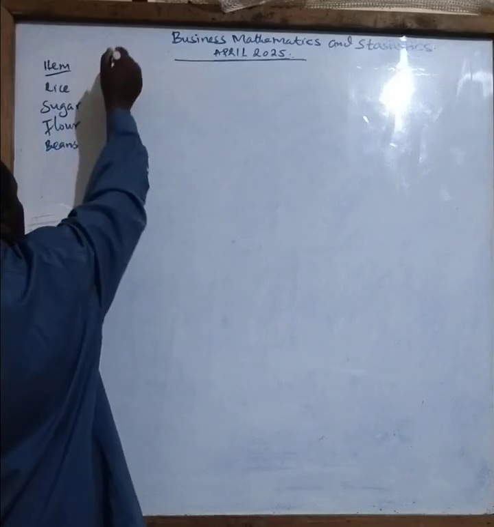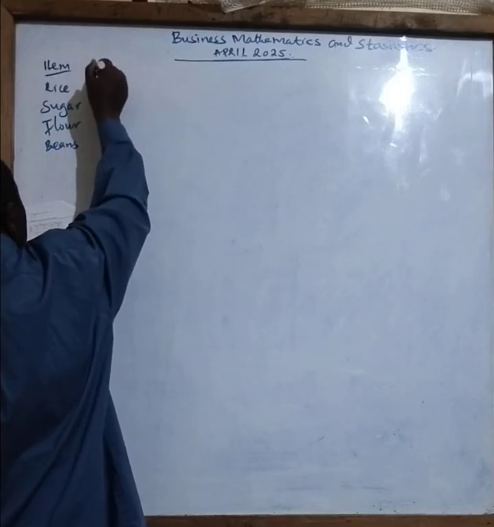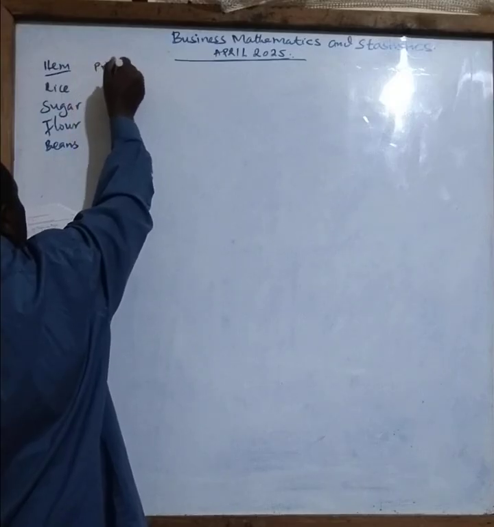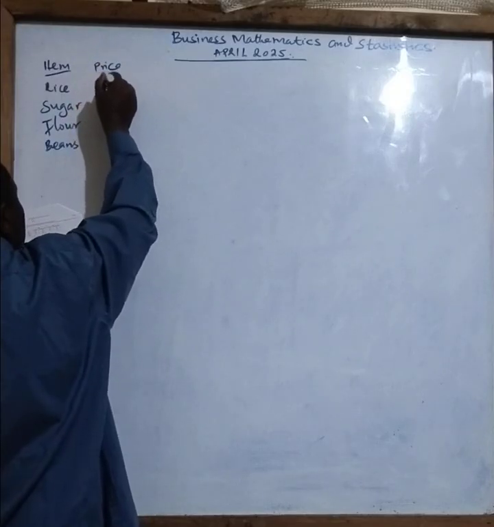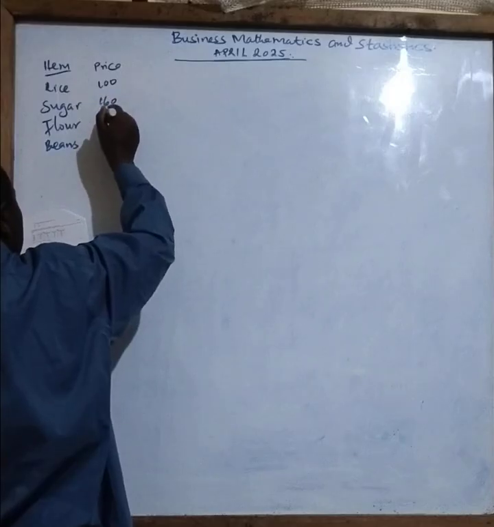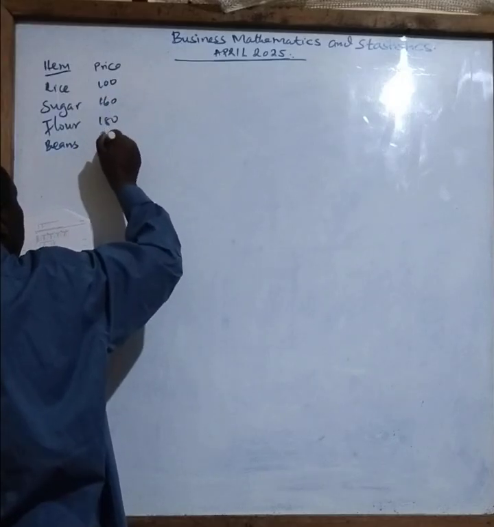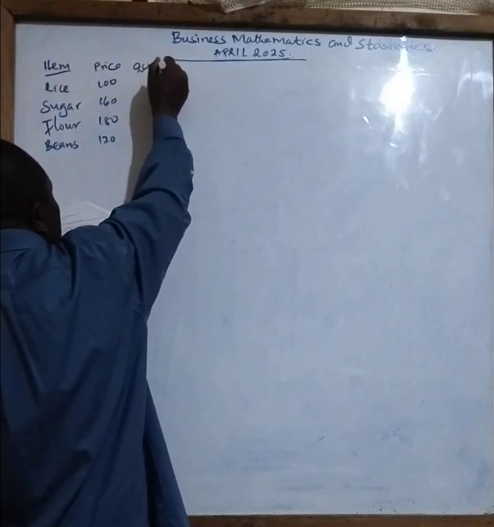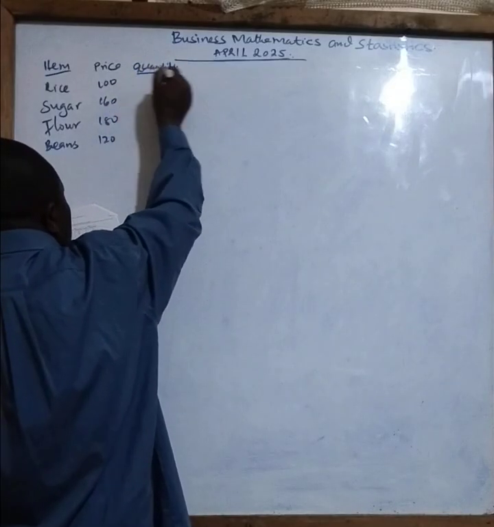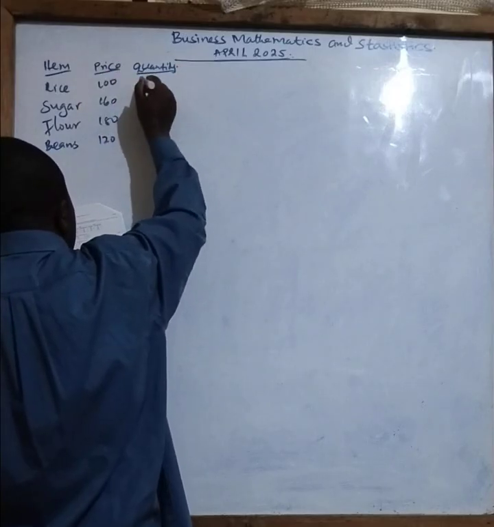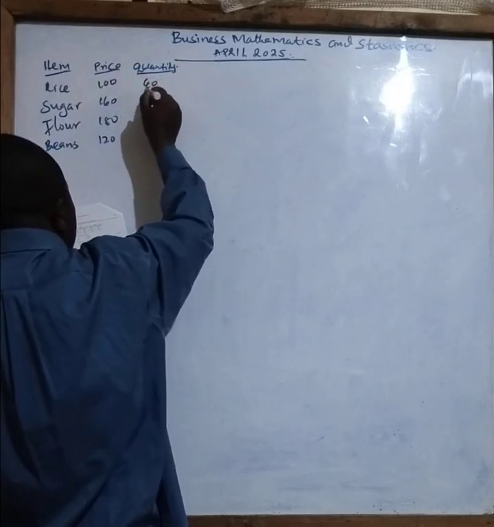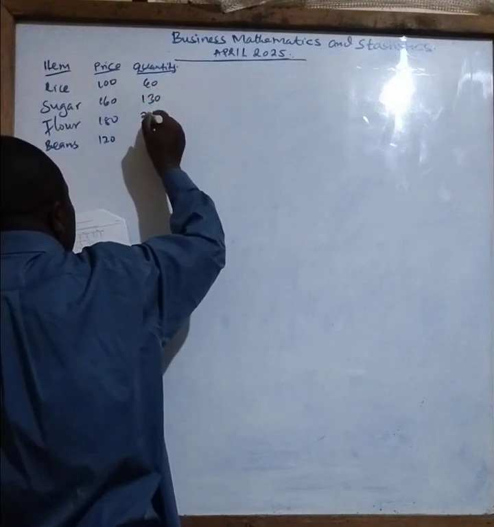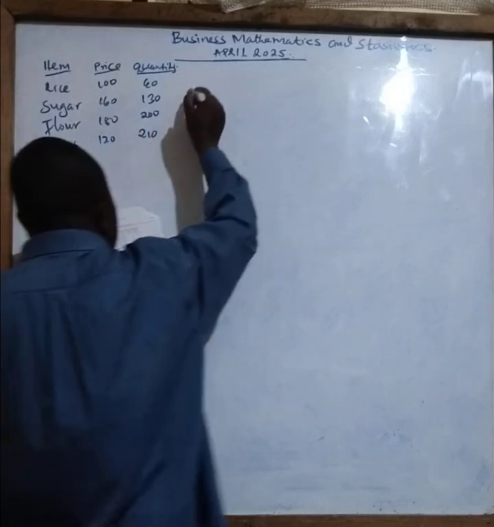Then the price in shillings: 100, 160, 180, and 120. Then we have the quantity, which is also given: this is 60, this is 130, this is 200, and this is 210.